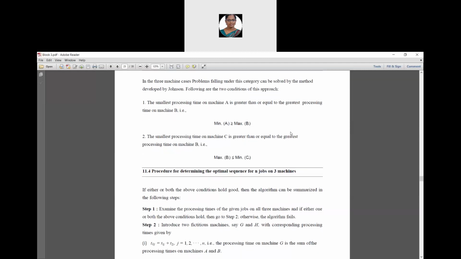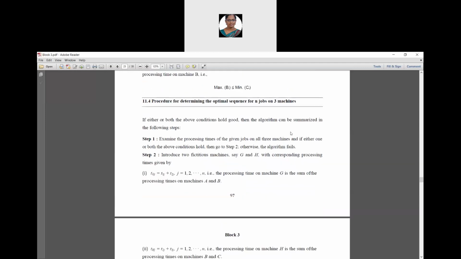Then, procedure for determining the optimal sequence for n jobs on three machines.